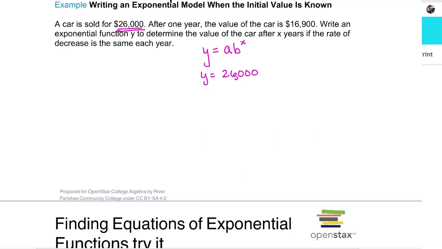Now they want us to substitute in a point. After 1 year, the car is 16,900, so that's the point. We're going to replace y with 16,900, so 16,900 equals 26,000 b to the first power.